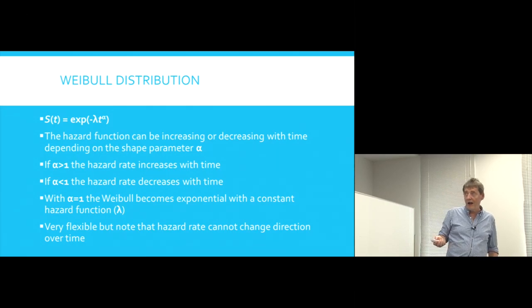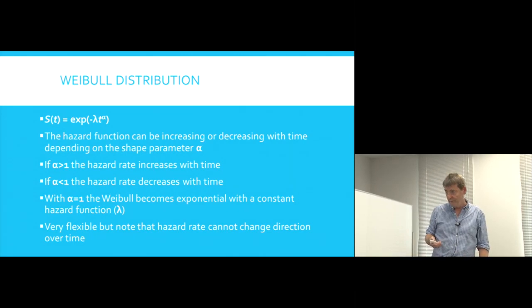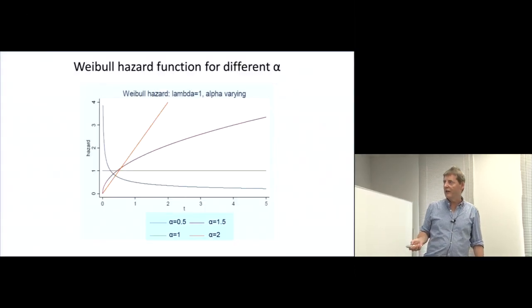If alpha is less than 1, the hazard rate is decreasing with time. And if alpha equals 1, the Weibull becomes an exponential model. It's a constant hazard ratio. So it's very flexible, but notice in this model, the hazard can't change direction. It's either increasing, constant, or decreasing. It can't change direction.